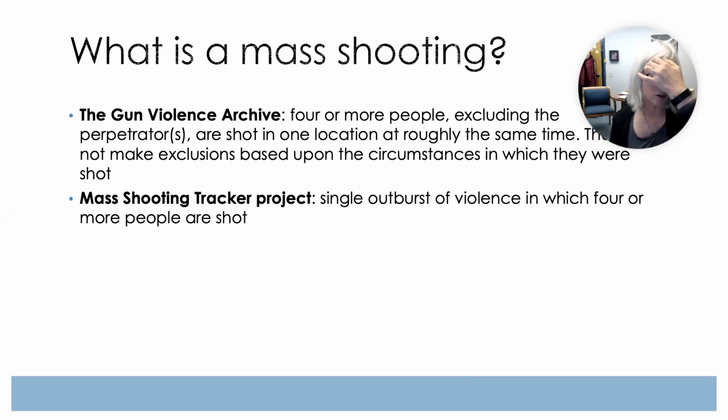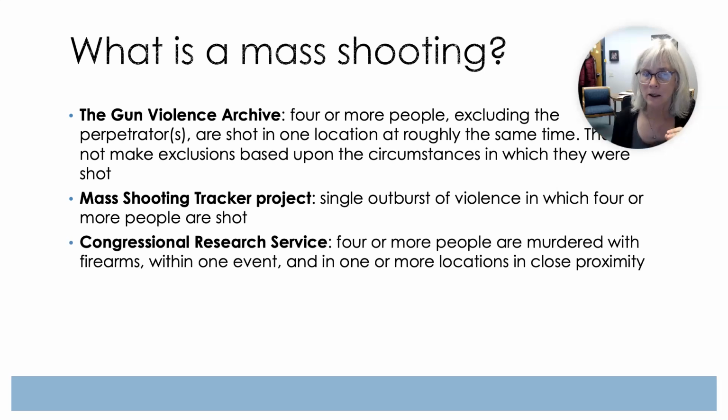Mass Shooting Tracker Project looks at a single outburst of violence in which 4 or more people are shot. Congressional Research Service looks at 4 or more people murdered with firearms within one event and in one or more locations in close proximity. So often in what we think of as a mass shooting, someone may move from one place to another, rather than only shooting in a particular place.